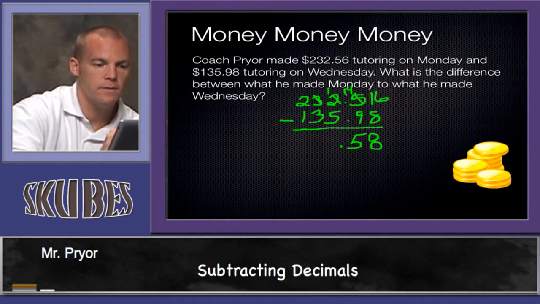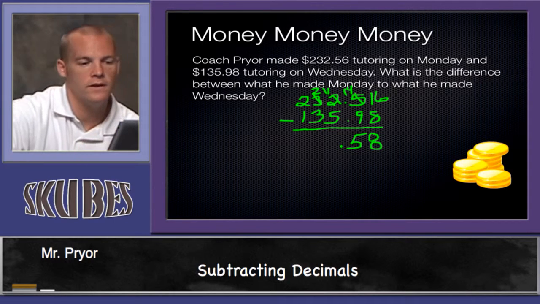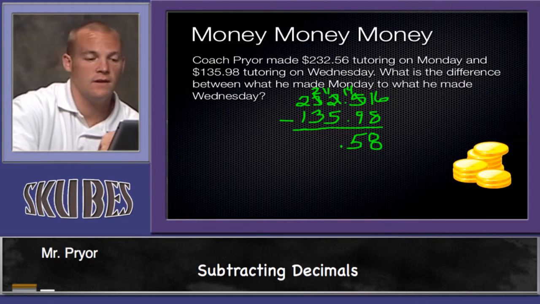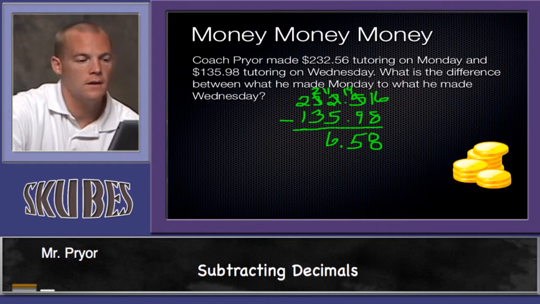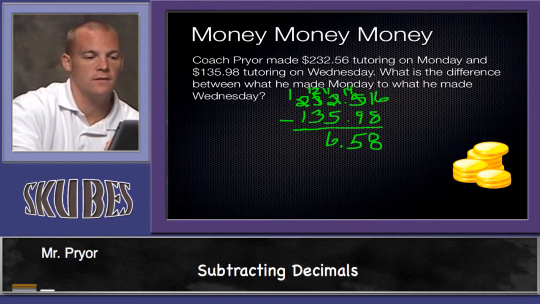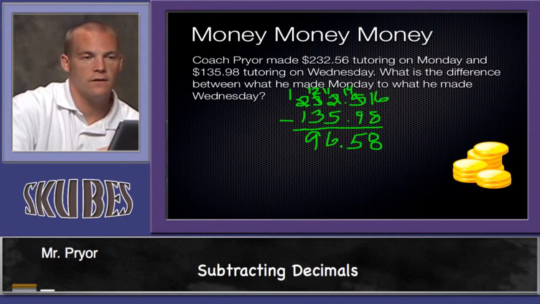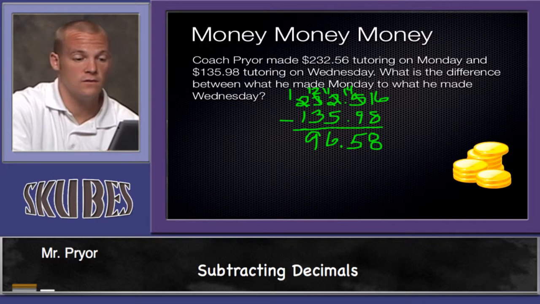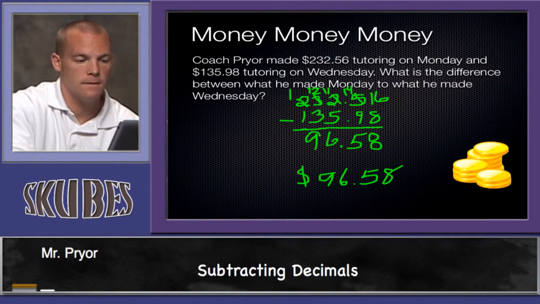Lots of borrowing in this problem. Making the 3 a 2 and the 1 an 11. 11 minus 5 is going to give you 6. Right, and then one more time we got to borrow from the 2, which would make that 2 a 12, and 12 minus 3 is going to give us 9. So our final solution as far as the difference is concerned is going to be $96.58.